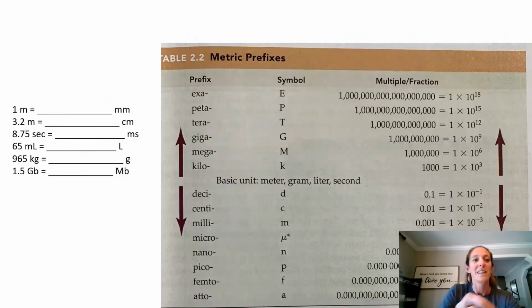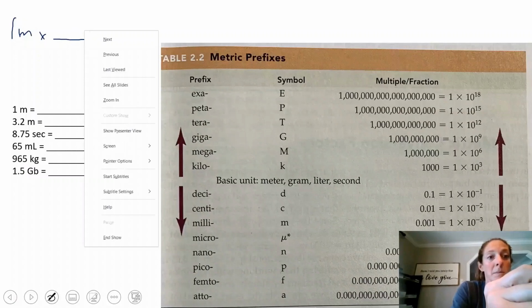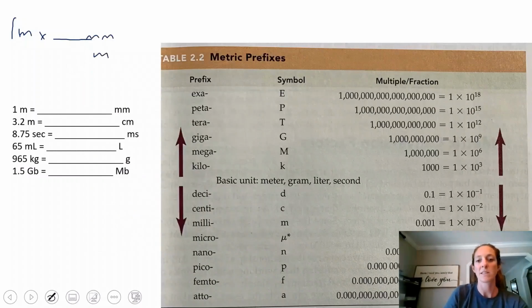Okay, so let's see where you are. I'm going to set this up and say 1 meter. What do I want? Millimeters. What have I got? Meters. Okay, so I need the conversion factor. I need to find milli, which is down here.